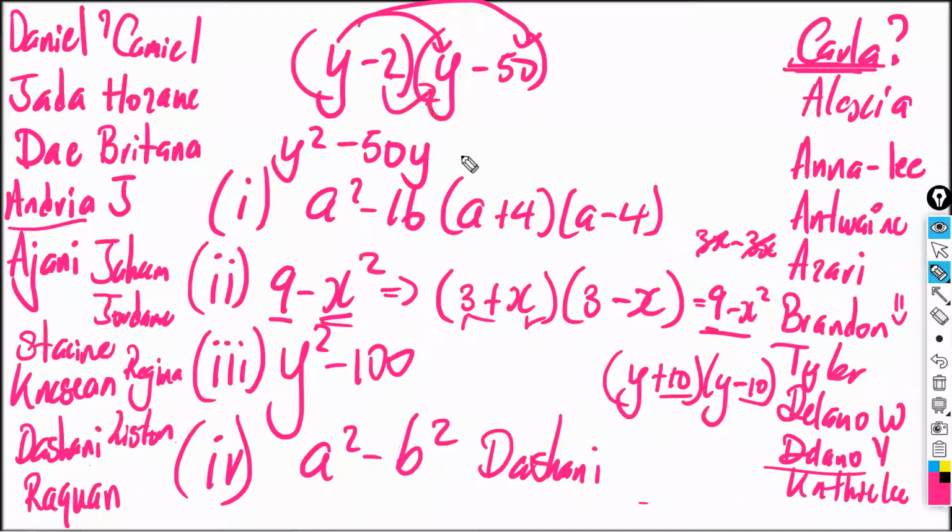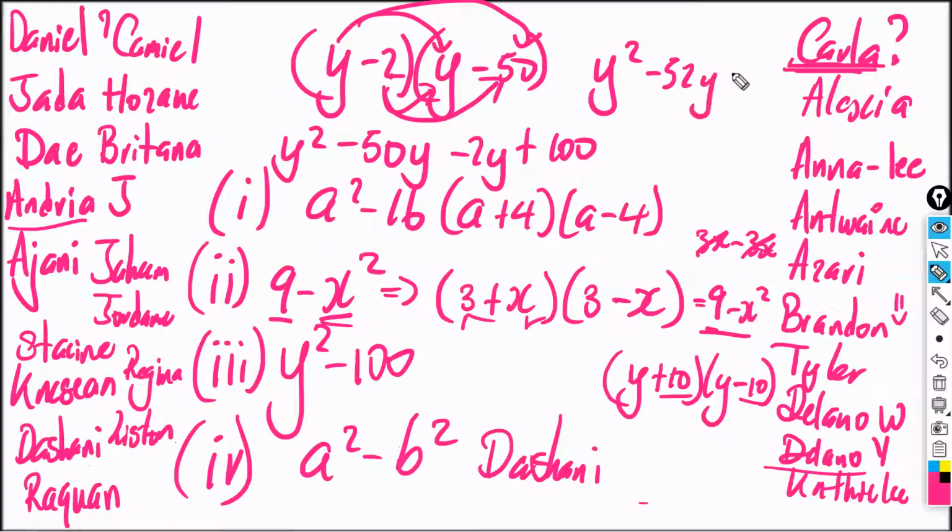Minus 2 times y will give me negative 2y. And negative 2 times 50 will give me positive 100. But these two won't cancel. You're going to end up with y squared minus 52y plus 100, and you won't end up with y squared minus 100. That's why I know it's wrong.